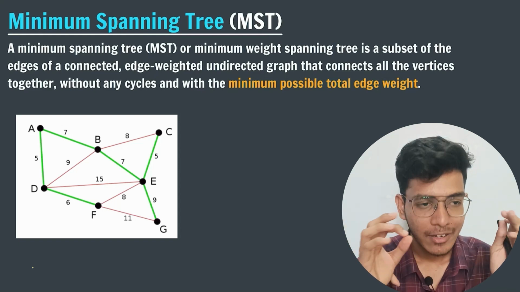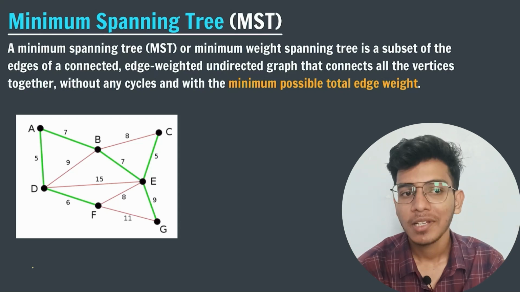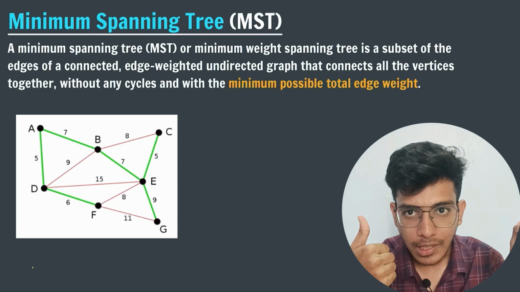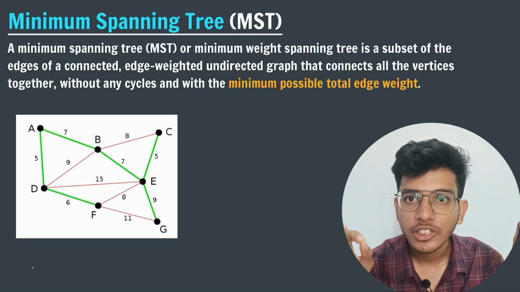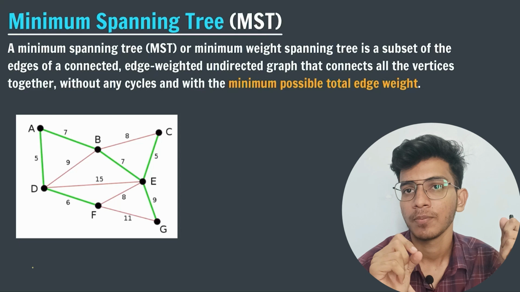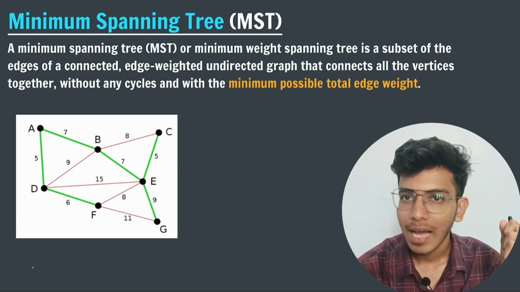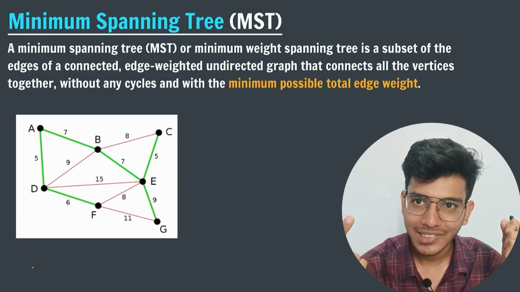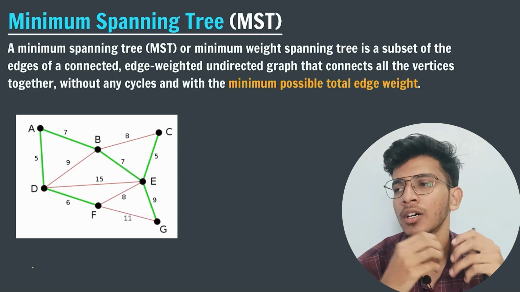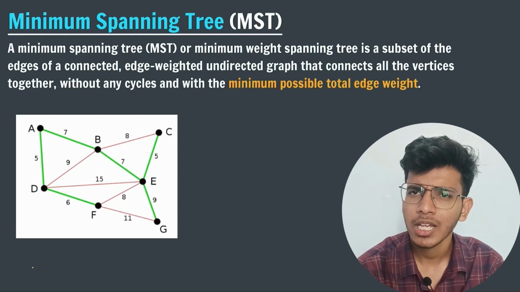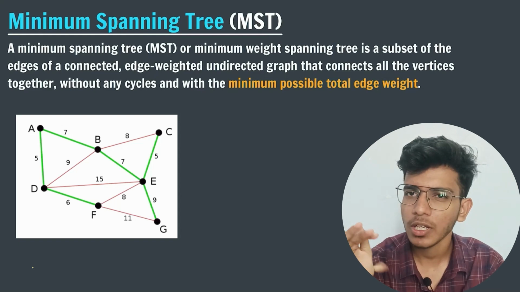We haven't seen a condition where there is a formation of a cycle in the given structure. So in trees there is no concept of cycle formation, no concept of loop formation. We cannot have any loops or cycles in a tree, whether it might be a trie, binary tree, BST, AVL, whatever it might be.